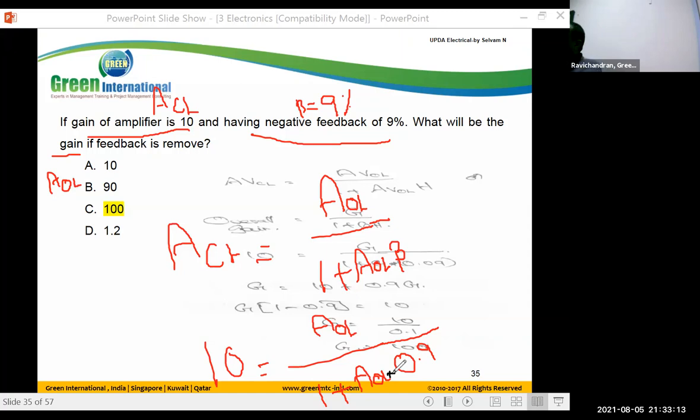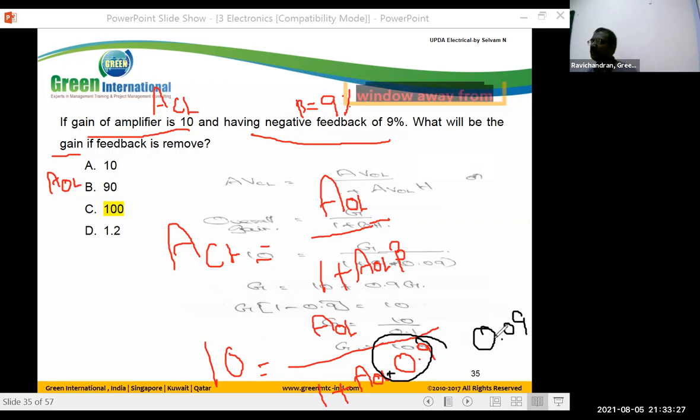Actually, we should put 0.09, because our brain thinks 9% means 9 by 10, 0.9. This way we solve the problem and get the answer.